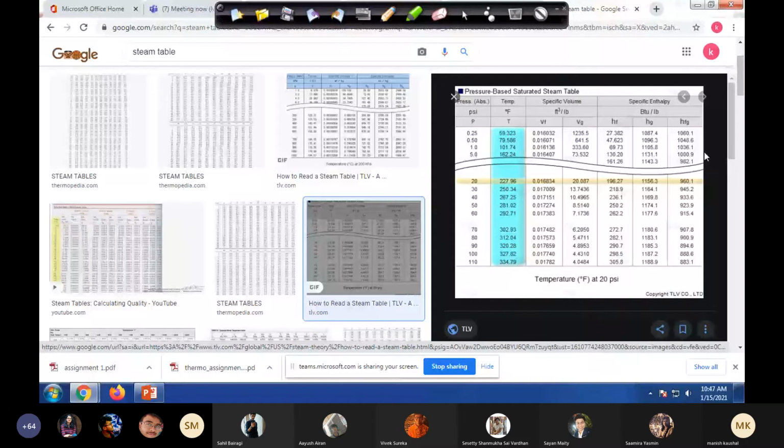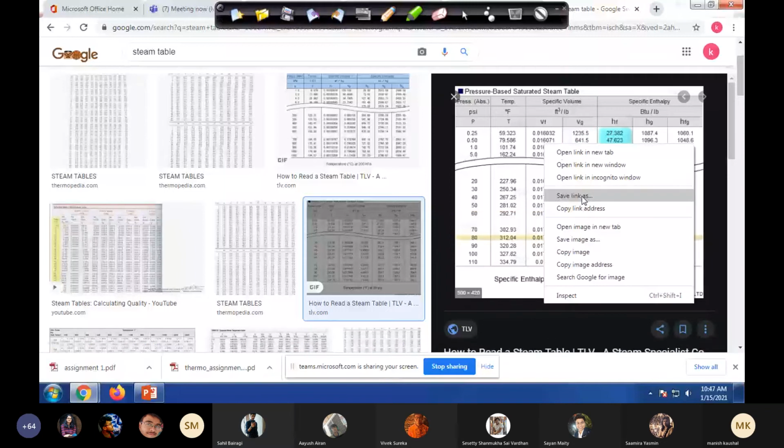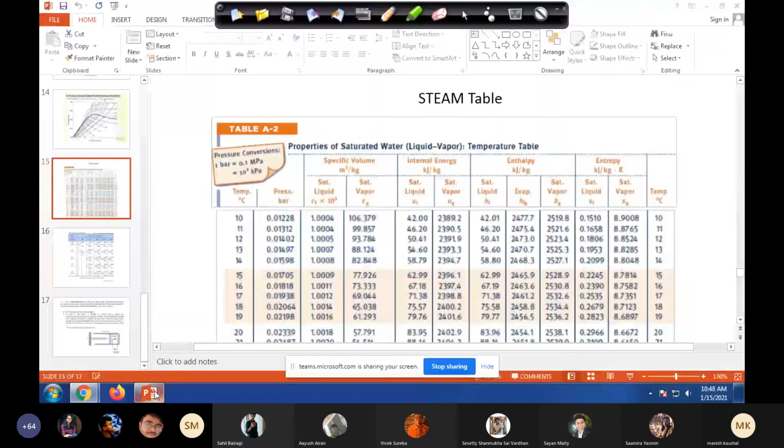Sahil, can you see my screen? Yes, sir. I can see your screen. So you can see this GIF image on the right hand side. Yes, sir. Okay. So this is another way to, let me paste it there. Copy. Let's put a new slide.